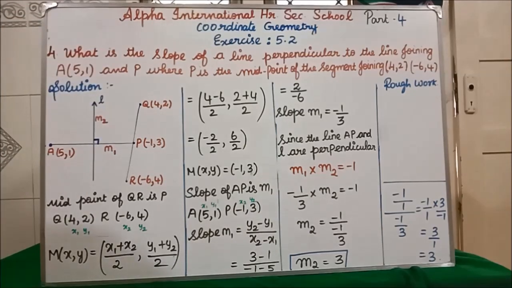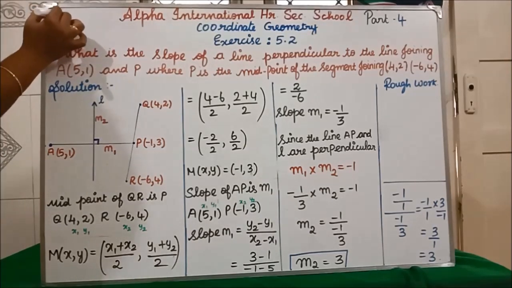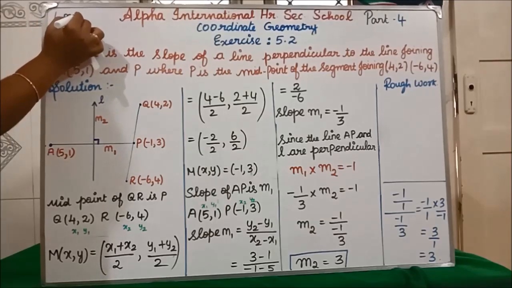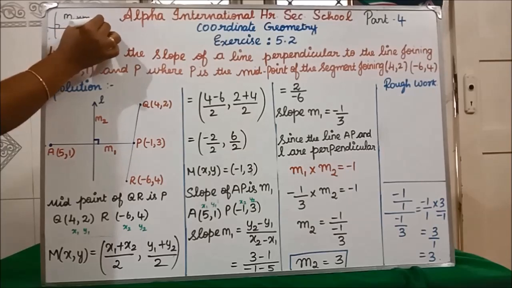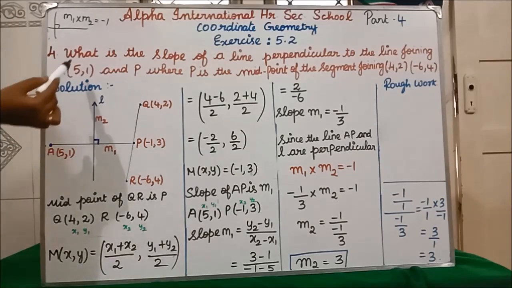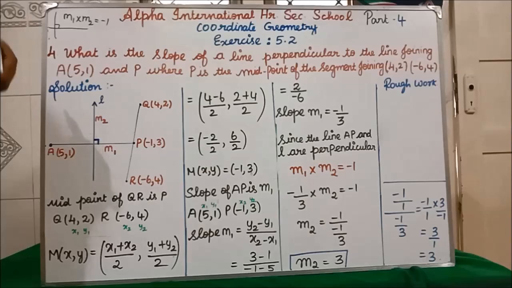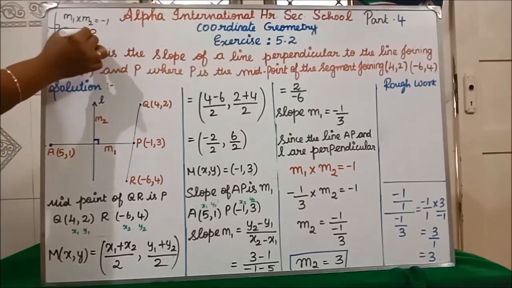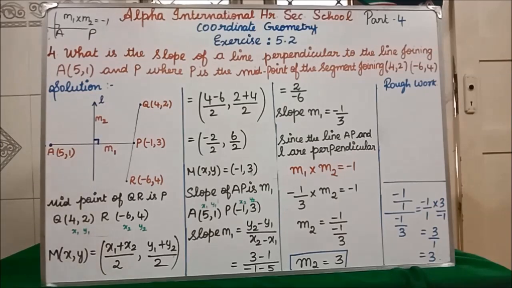Perpendicular means what formula I have told you? The formula for perpendicular is m1 into m2 is equal to minus 1. Perpendicular to the line joining A(5, 1) and P, which means the A point is here and the P point is here. But the P point they have not given in the question.